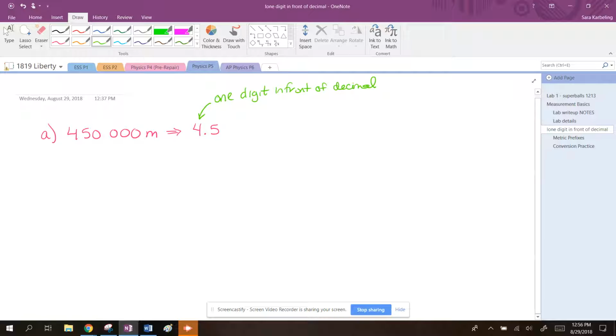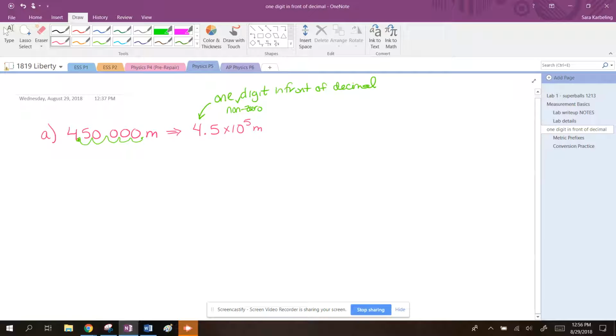No. So you want one non-zero digit in front of the decimal point, right? And then you move the decimal point over, so we count 1, 2, 3, 4, 5. So we're going to write 4.5 times 10 to the 5th meters.